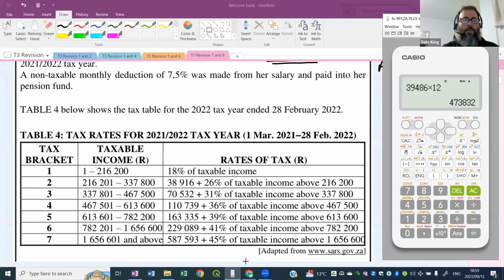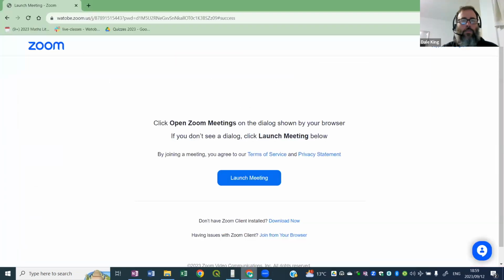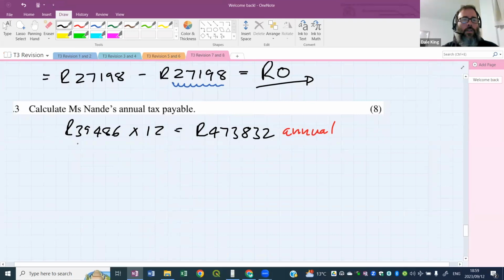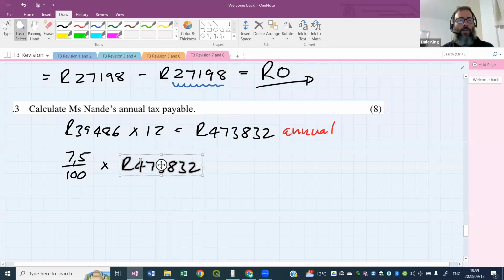So let's work out 7.5% of this annual value before we go to the tax table. 7.5% of this value, and we're going to do that on the calculator.